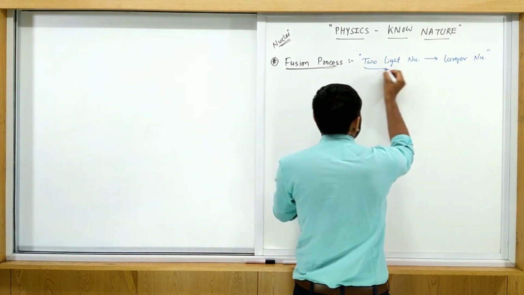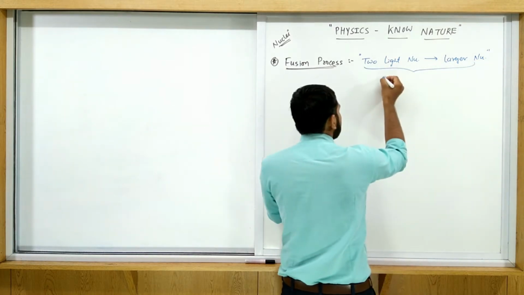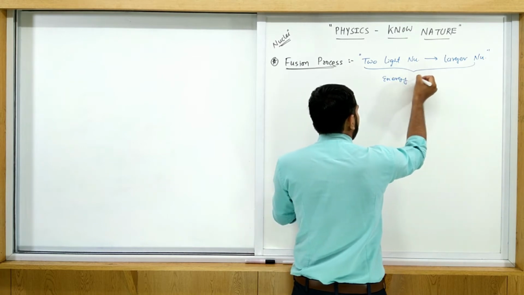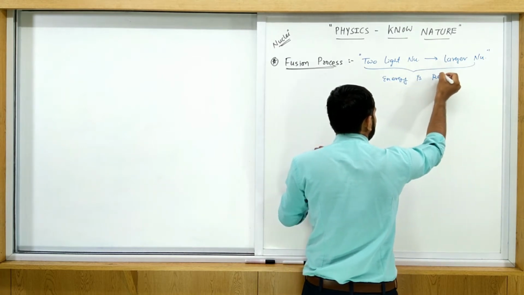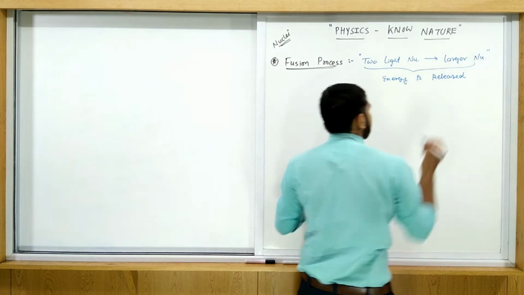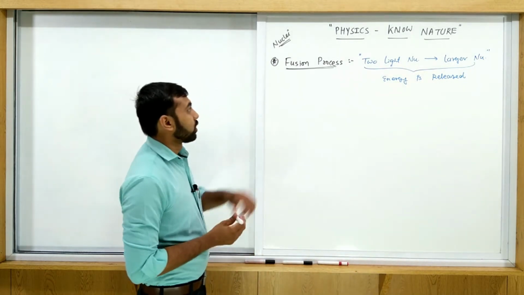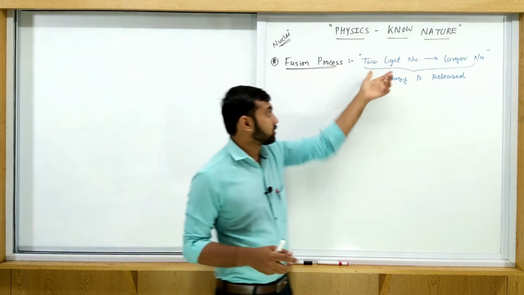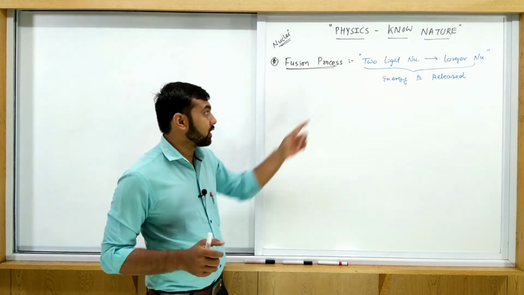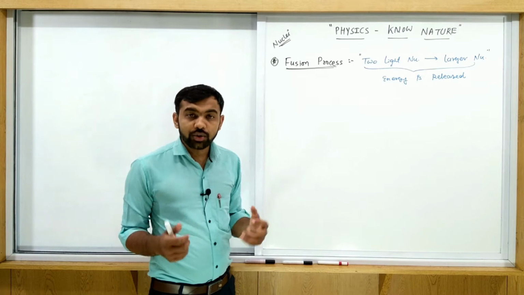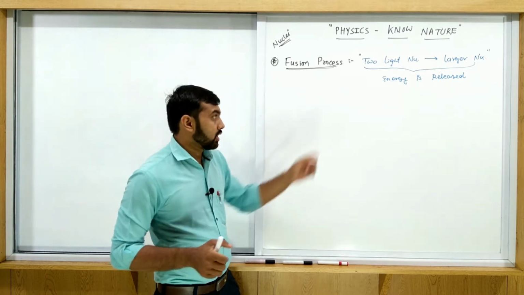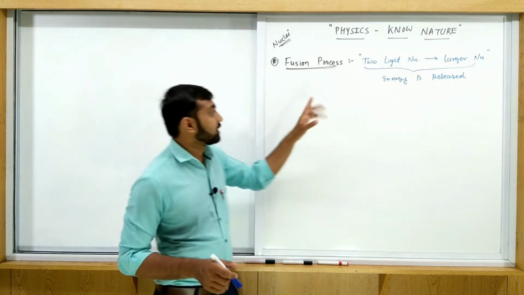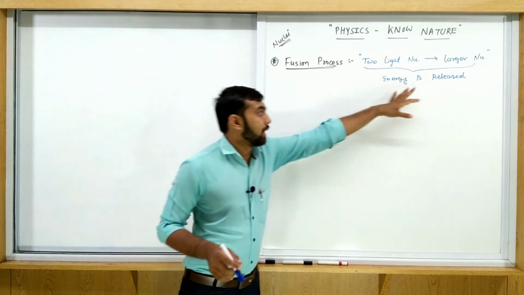In this process some energy is released, and this process is known as fusion. Two nuclei are fused, combined with each other. So two light nuclei are fused into each other and form a larger nucleus. That is the fusion process, and some energy is released.